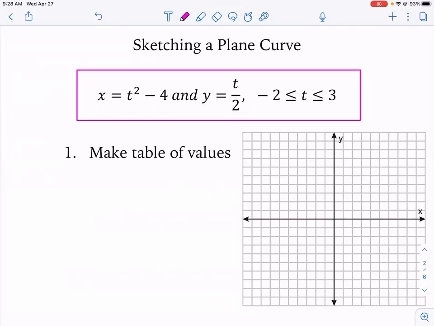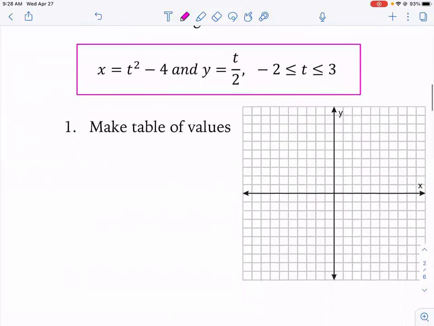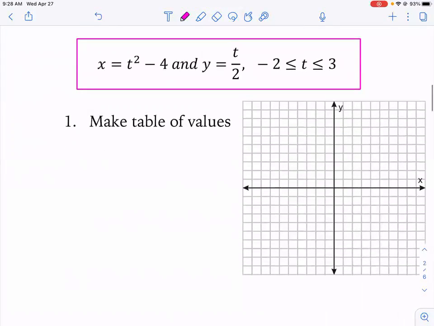Now, in this scenario, I am giving you the values of t I want you to plot. Okay. So what we're going to do is we are literally going to just make a table of values. We are going to plug in a value for t. And when we do that, we're going to get an x, y coordinate.